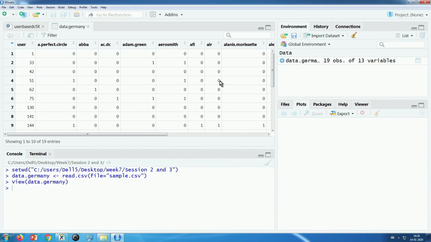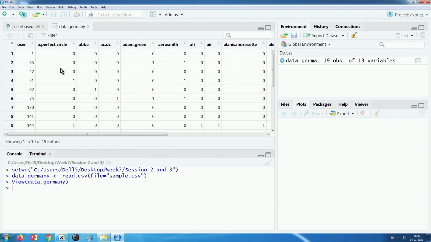The first column is the user column itself, and from then till the last column, all these columns show whether a particular movie, or in this case a song, has been consumed, has been listened to by a user or not.